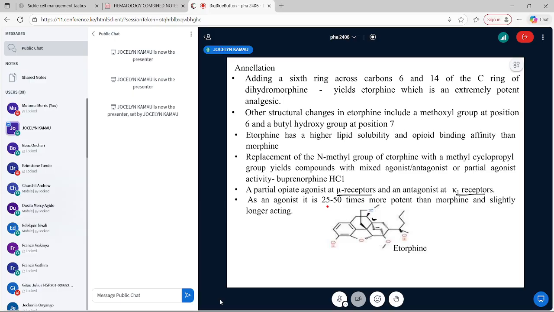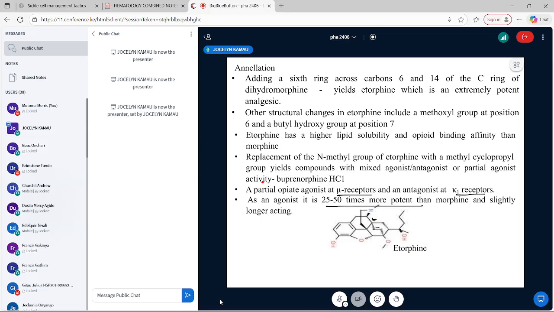As an agonist, it is 25 to 50 times more potent. Remember, as you do in pharmacology, potency and efficacy are two different things. Potency is the amount of drug, the weight of that drug, you use to elicit a certain activity. So we are saying buprenorphine is more potent.